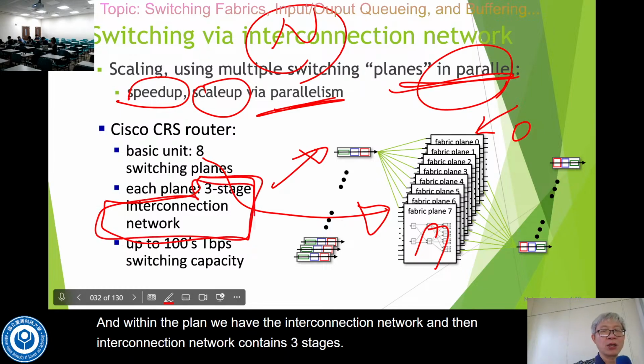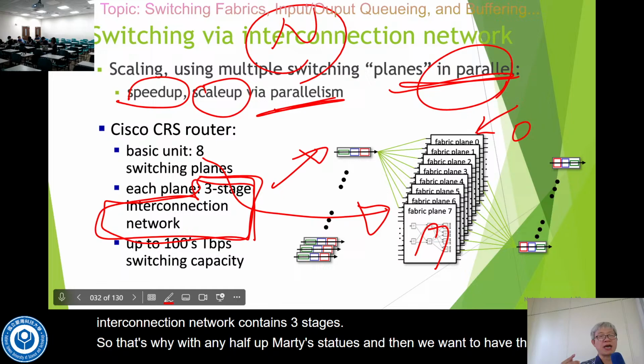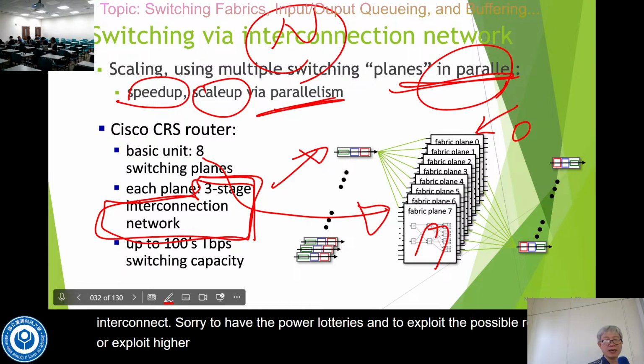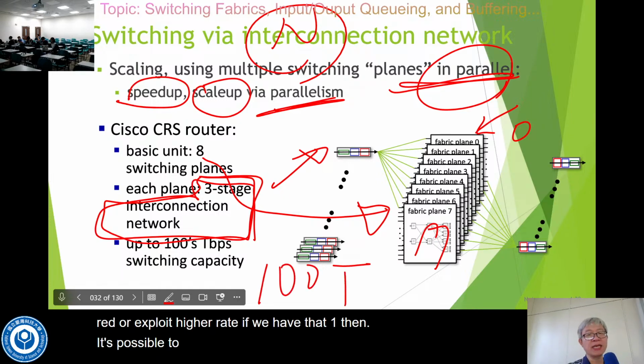So that's why we already have a multi-stage first, and then we want to have the parallelism to exploit a higher rate. If we have that, then it's possible to have 100 T, because T is terabits per second.